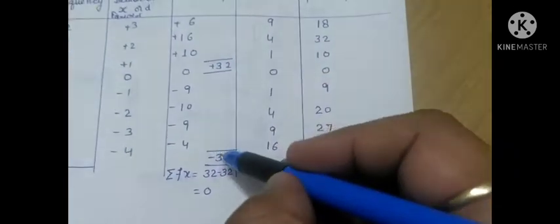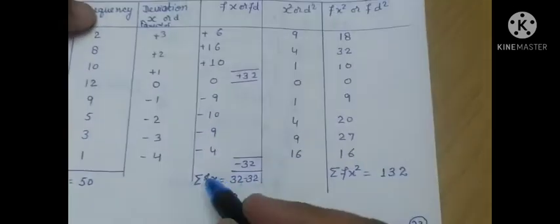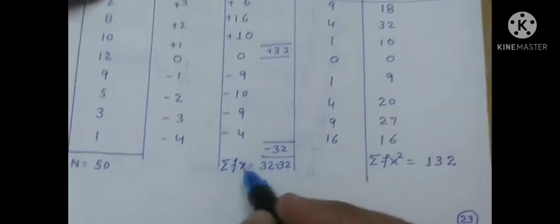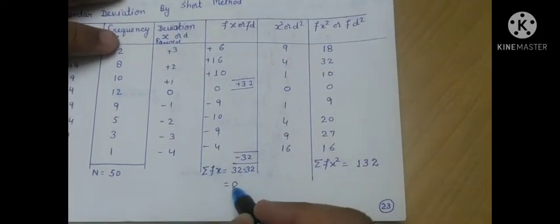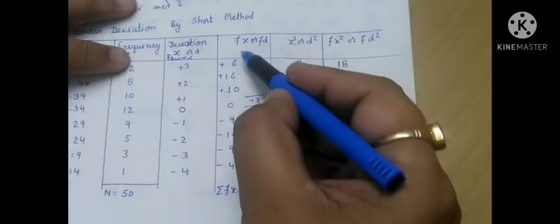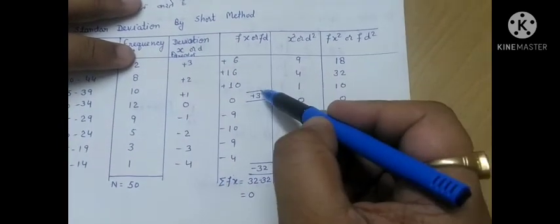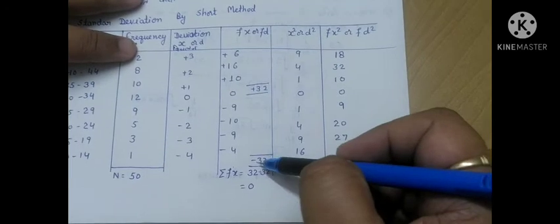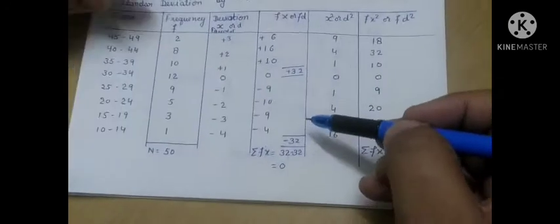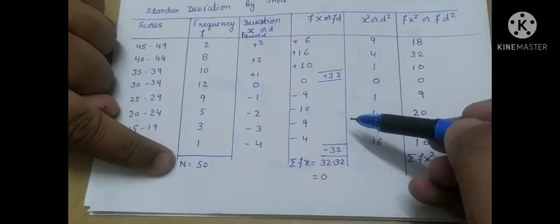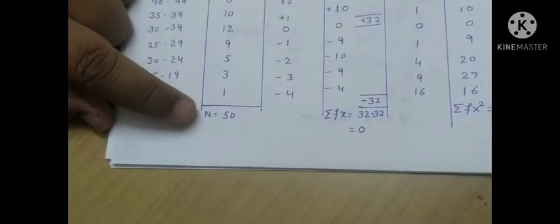So plus 32, minus 32. Next step is summation fx. Summation fx is 32 minus 32, which is 0. Then sum up all the frequencies again: N is equal to 50.